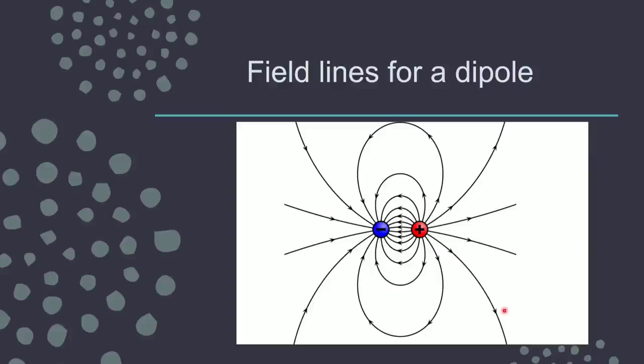Again, just for the sake of revision, we are showing you the field lines because of the dipole, showing you the attraction of the unlike charges along the length.